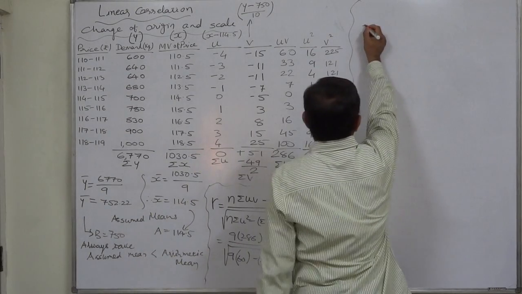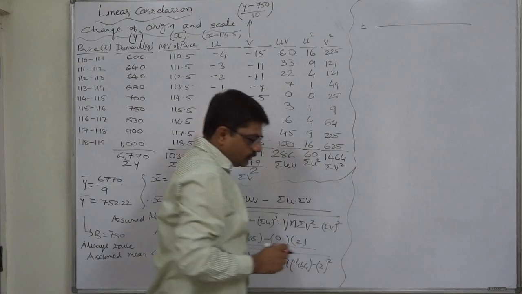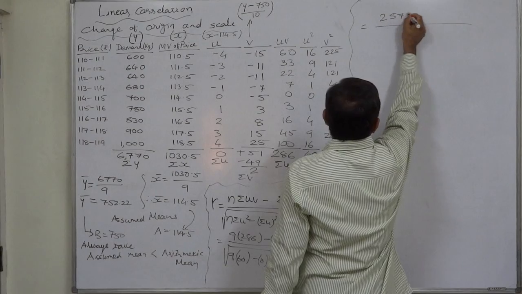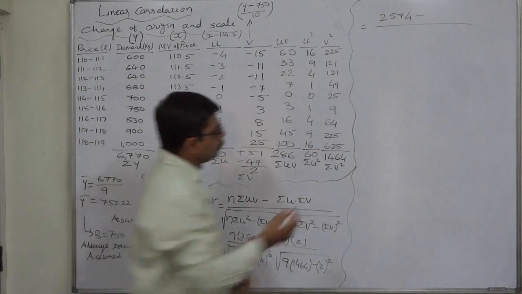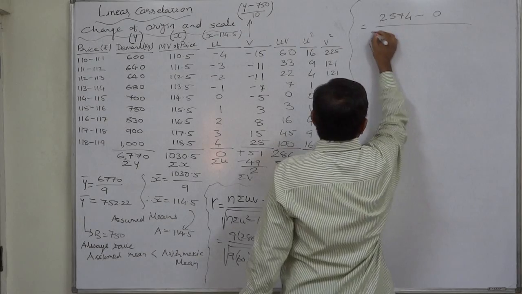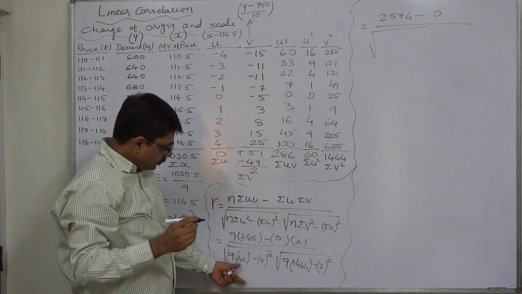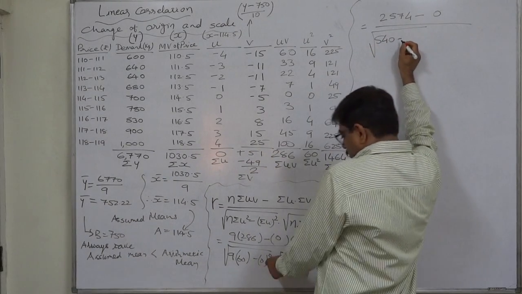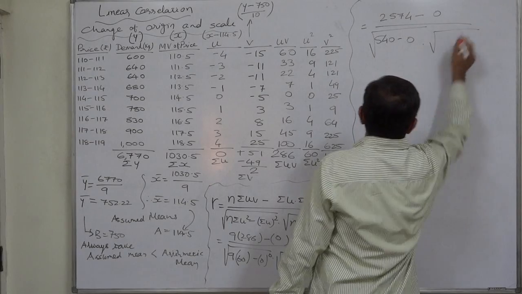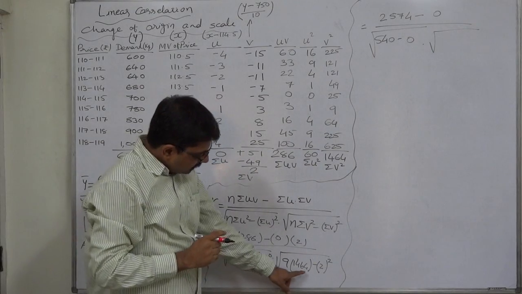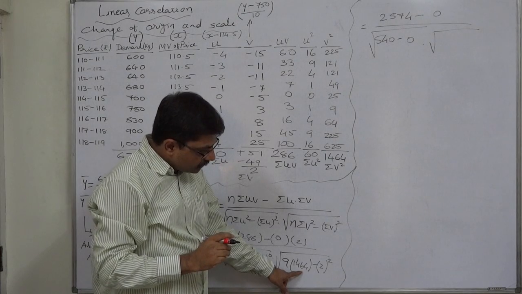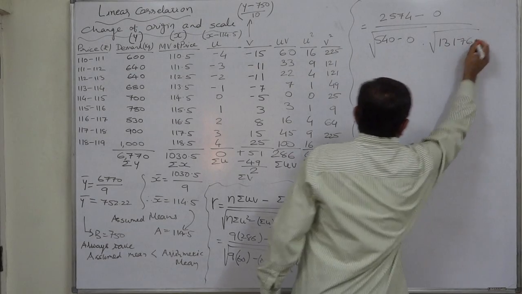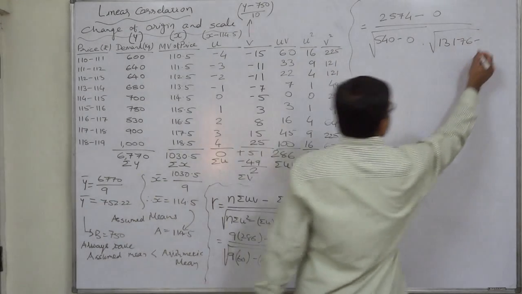Now let us simplify the values. 9 into 286 is 2574, minus 0 into 2 is 0, upon under root n into sigma u square, 9 into 60, that is 540, minus 0 square is 0, into under root 9 into sigma v square, 1464, the multiplication is 13176, minus 2 square is 4.